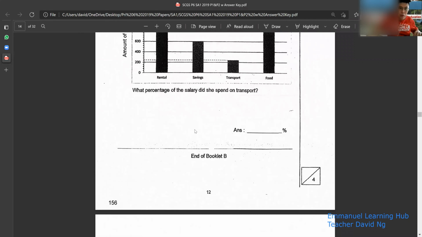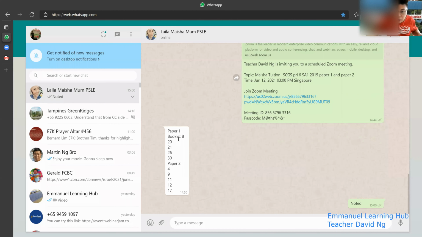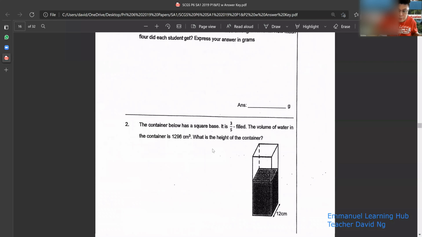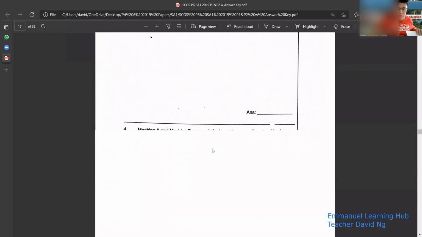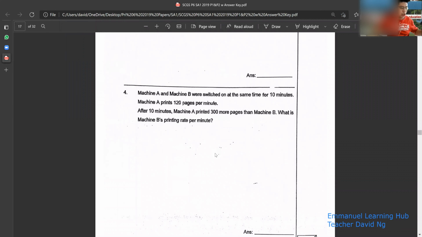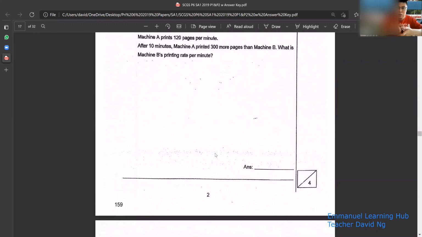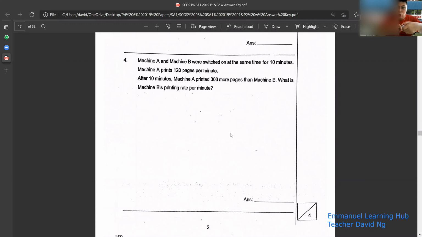Okay, the next question you have is paper 2, question 4. A machine A and B will switch on at the same time for 10 minutes.